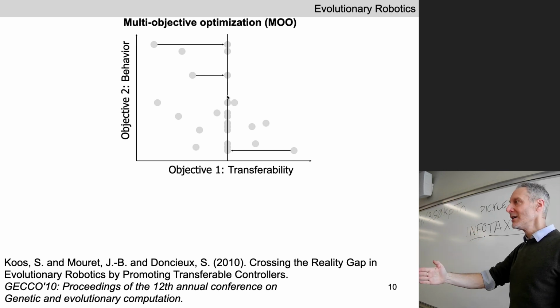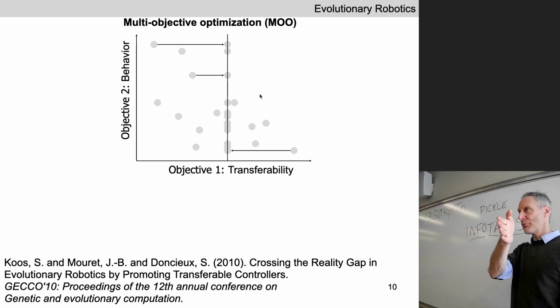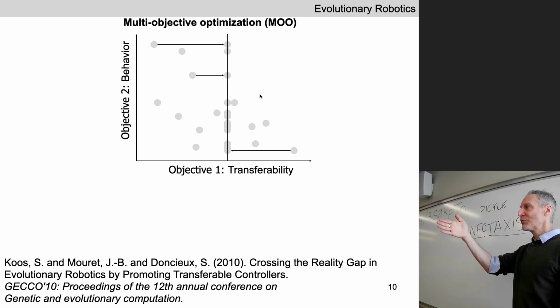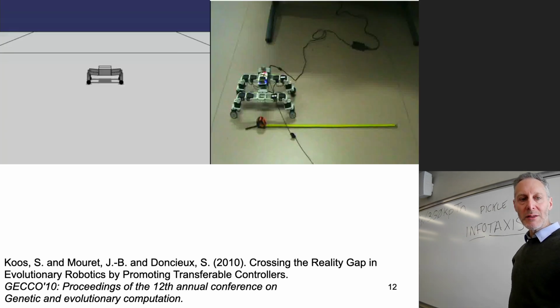And very quickly, we're going to start to see controllers now that transfer well to reality. The physical robot does crappy for 3, 4, 5, 6 controllers, and then suddenly it starts to get better. Everybody see the intuition? Okay, so we run this algorithm.